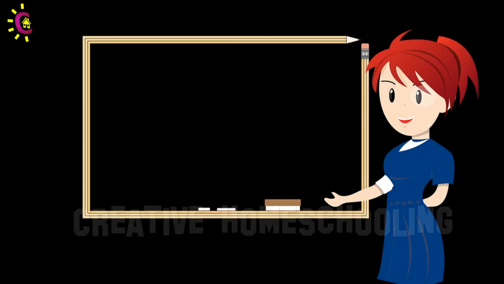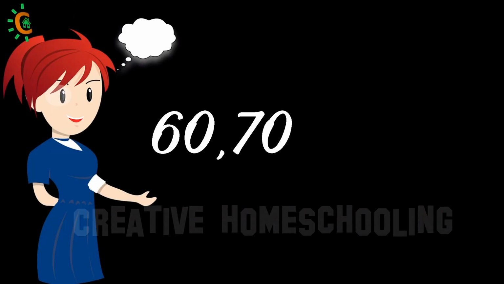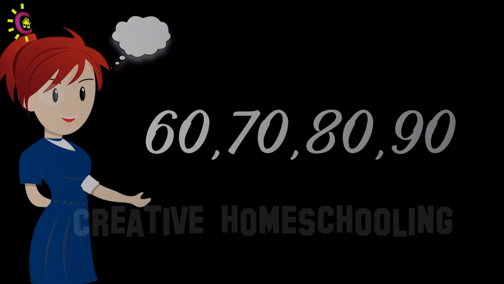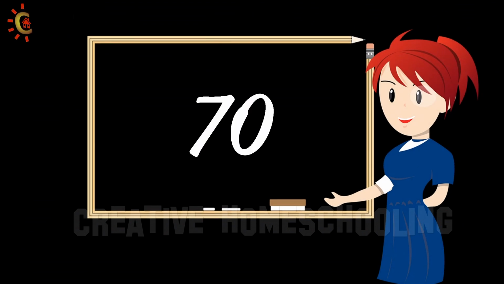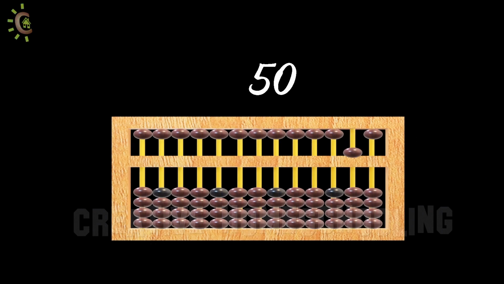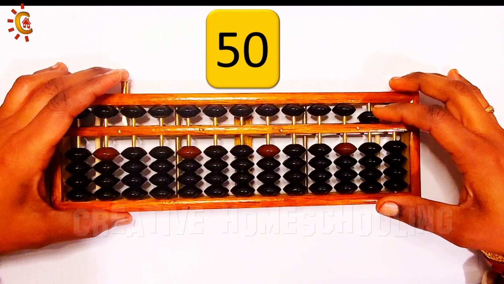Nice! But how about higher values like 60, 70, 80 and 90? Also very simple. Let's set 70. You know how to set 50, right? Correct! Let's move this upper bead down. Now we have 50.